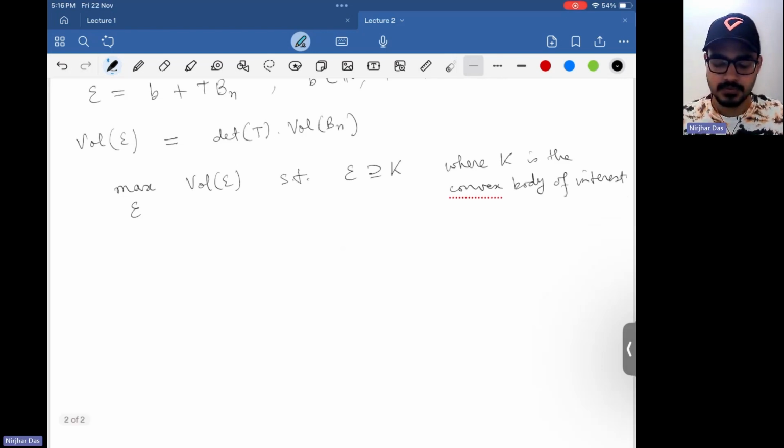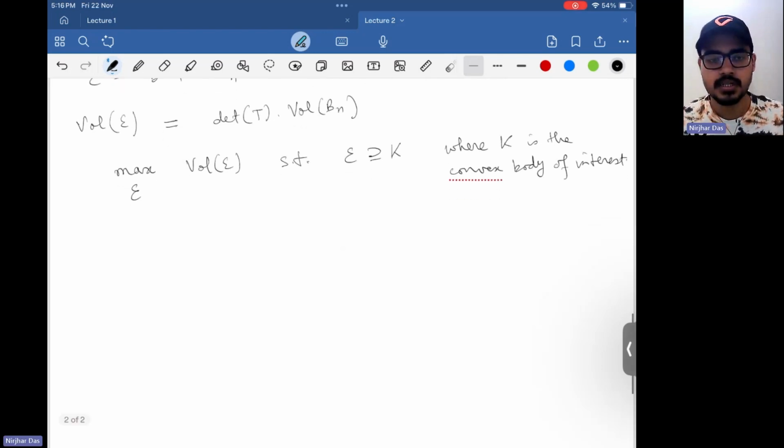Firstly, the question is why would we even assume that such an ellipsoid exists? And if it exists, can we say further that such an ellipsoid is unique for every convex body? Indeed, that is the case.